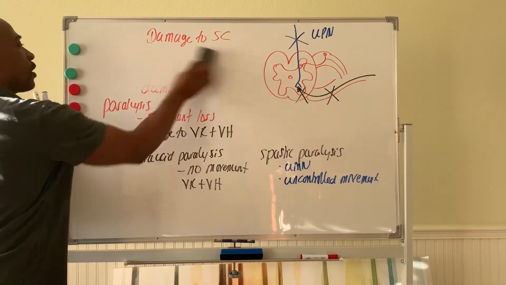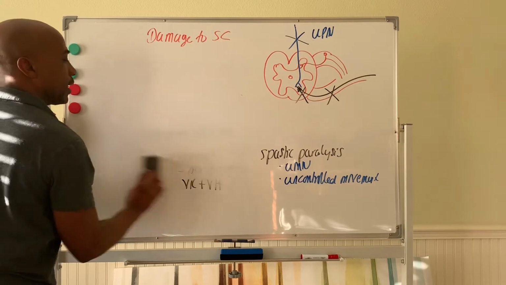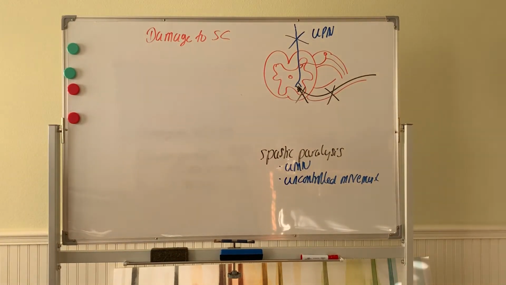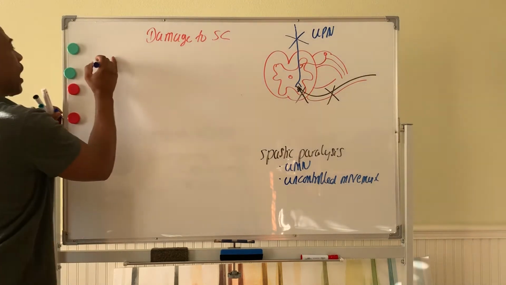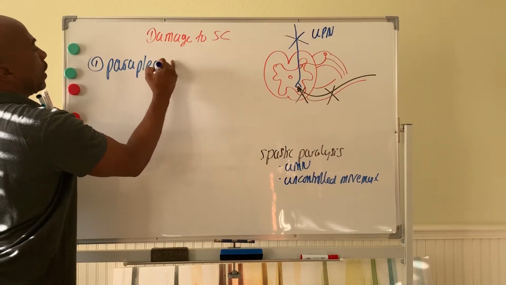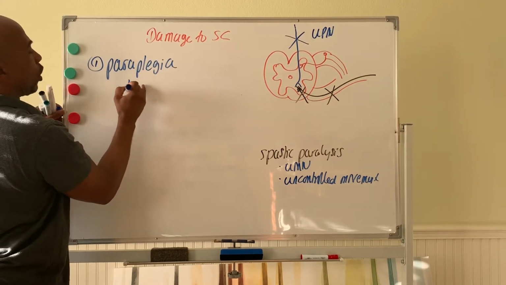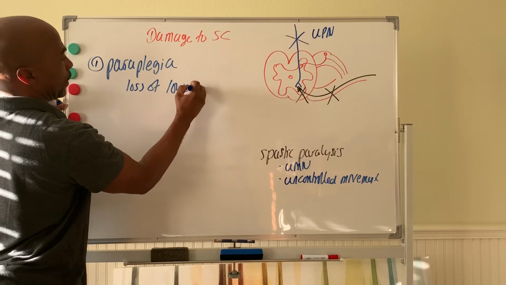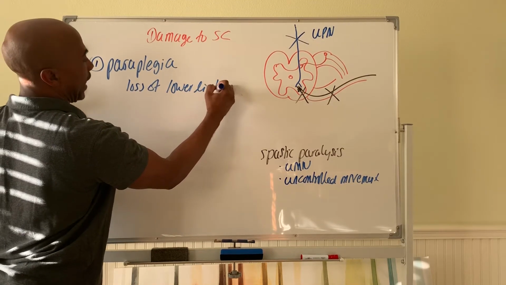And again, some other common disorders of the spinal cord region. You've probably heard of some of these. You know, when you have paraplegia, it is loss of lower limbs. So nothing works down there.